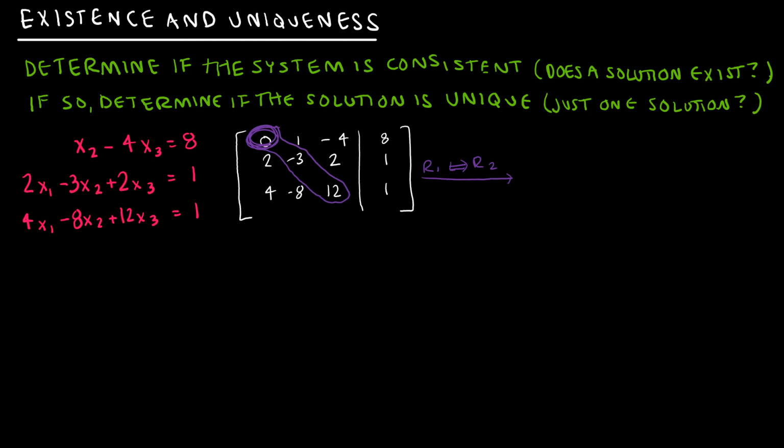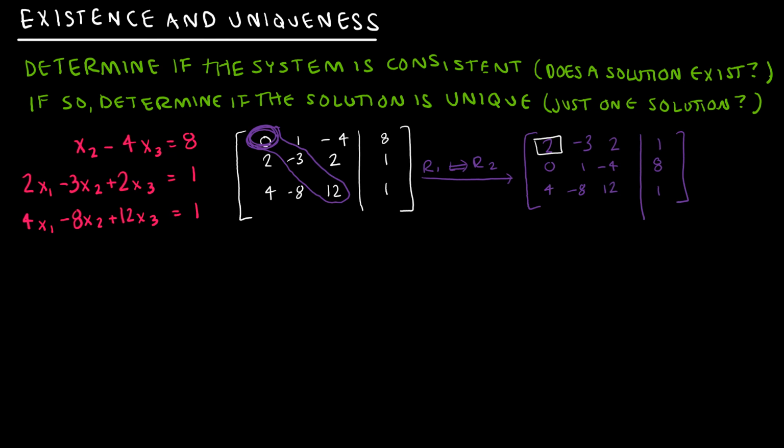If I swap R1 and R2, I really haven't done anything except interchange them, and now I have 0, 1, negative 4, 8 on my second row, and everything else stayed exactly the same. The purpose of that is that I didn't like that I didn't have some value here.